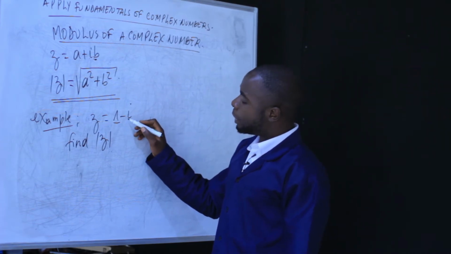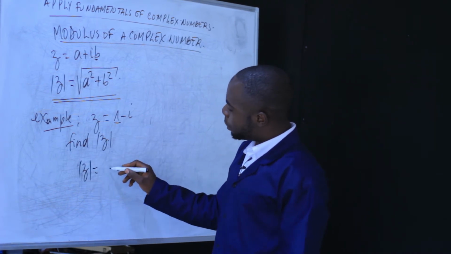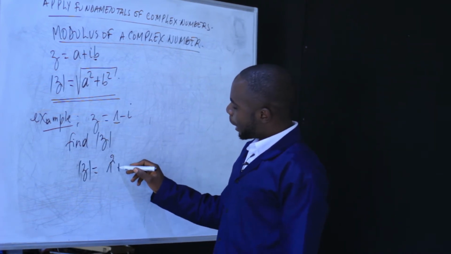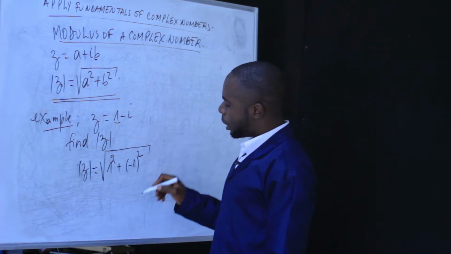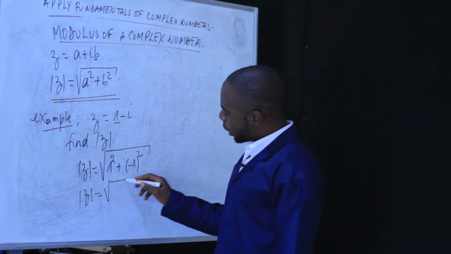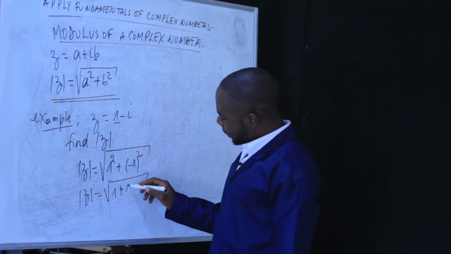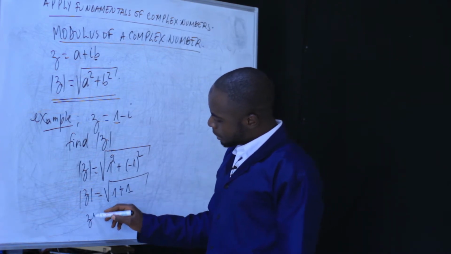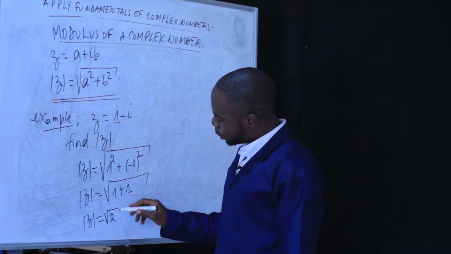This minus 1 is the imaginary part. Then the modulus of Z will be the square root of 1 square plus minus 1 square. The modulus of Z here will be equal to the square root of 1 plus another 1. Then the modulus will be equal to the square root of 2.